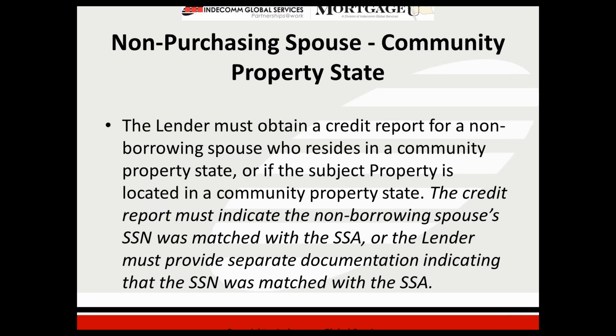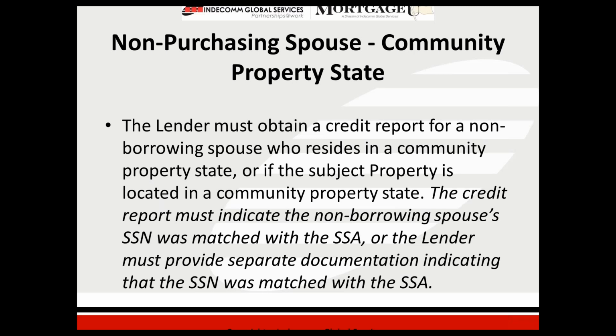The non-purchasing spouse in a community property state, that's also on page 3 of your job aid. The lender must obtain a credit report for a non-borrowing spouse who resides in a community property state or if the subject property is located in a community property state.